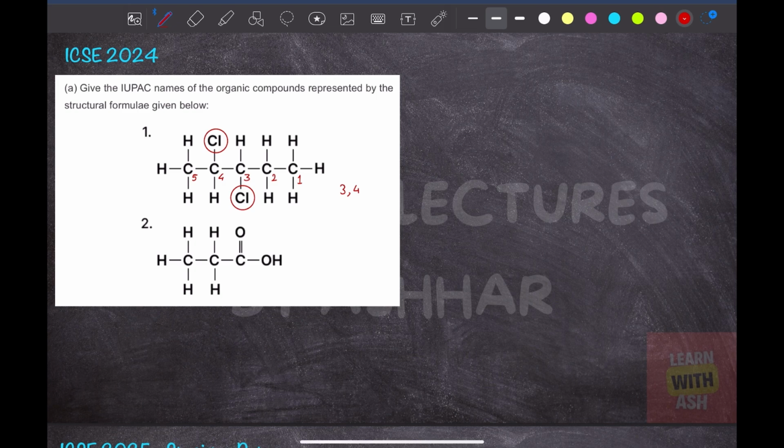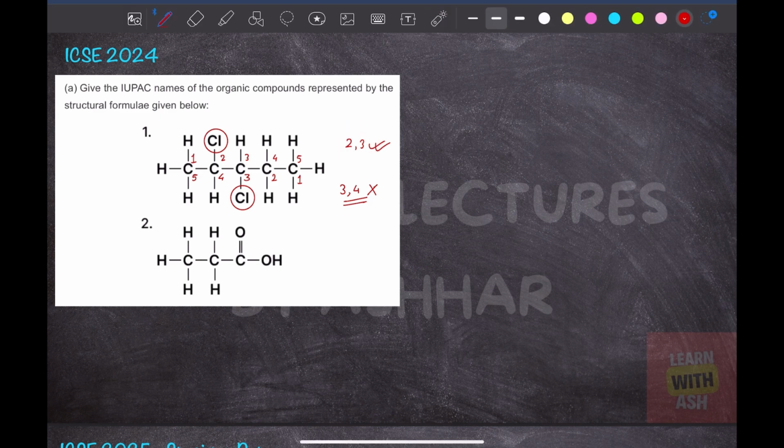What about the reverse manner? 1, 2, 3, 4 and 5. From that, chlorine is coming at 2 and 3. So this is much better than the other one. So I will go with the first option, 2 comma 3.